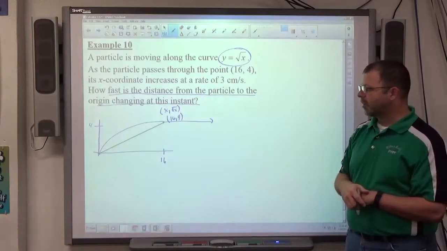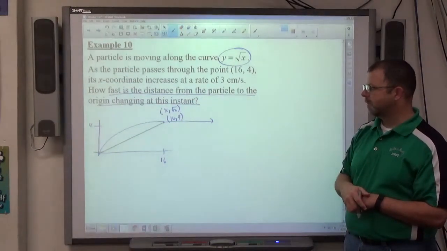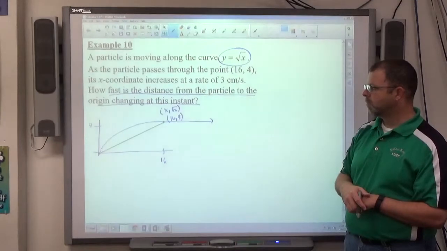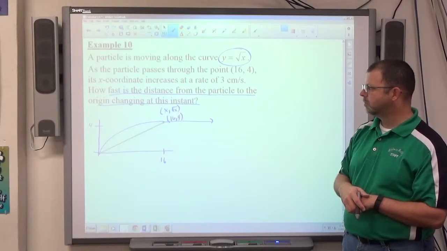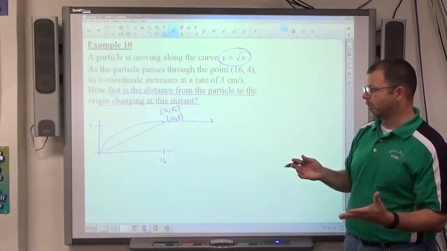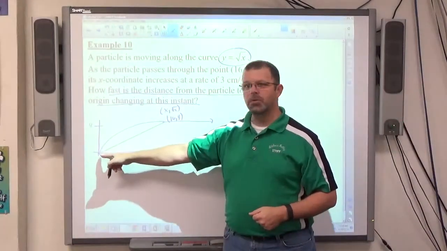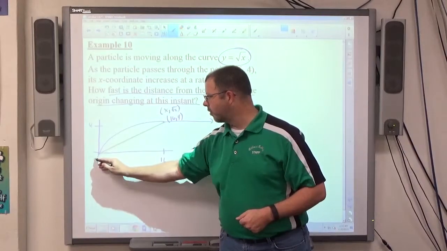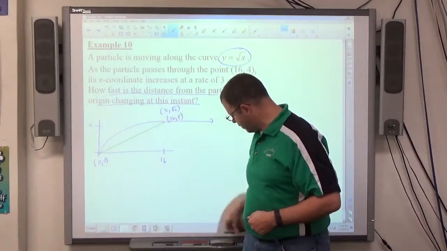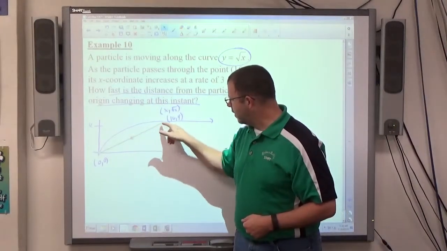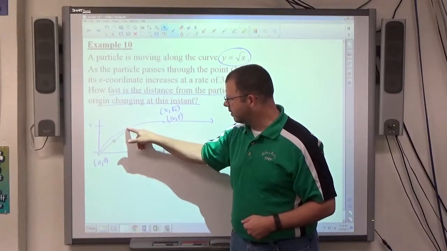What's the other point we're interested in? How fast is the distance from the particle to the origin? So the origin. Is the origin moving? No, the origin is where it is. So the origin is (0, 0) every time. The particle's moving along, so if the particle's here, that distance is something.